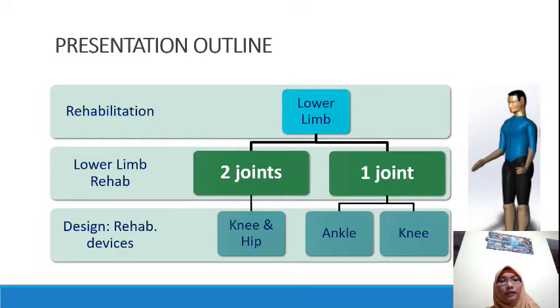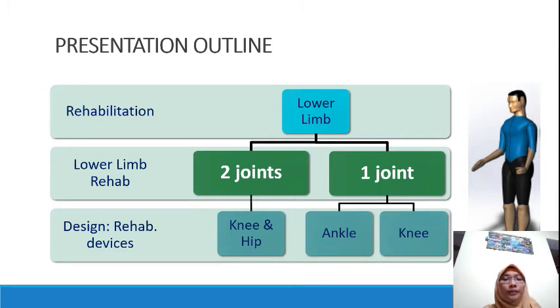This is the overall presentation outline. Today I will discuss lower limb rehabilitation, which involves two joint motions and one joint motions.